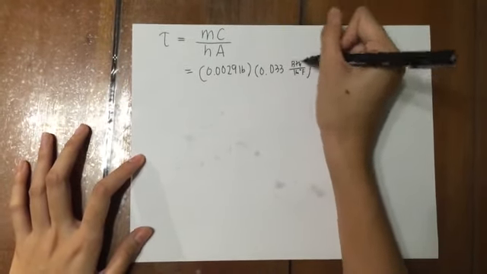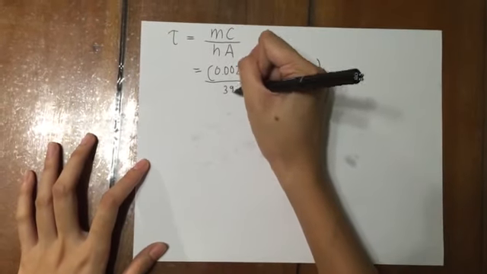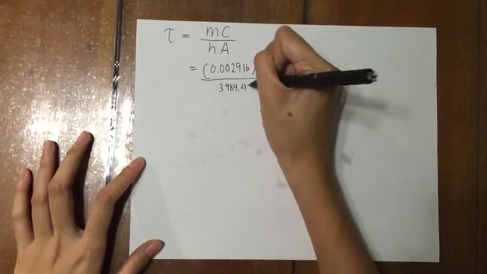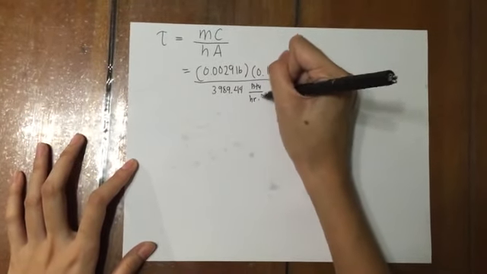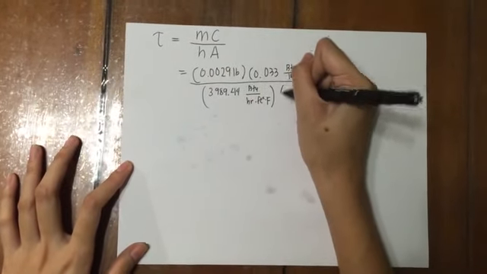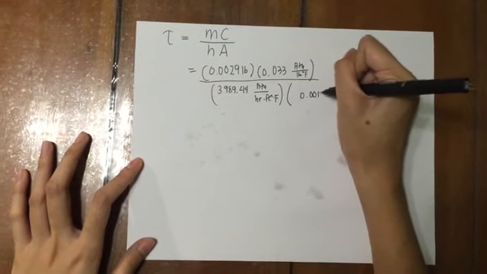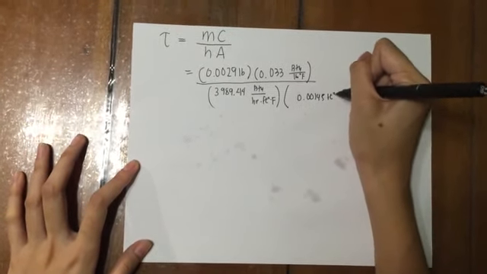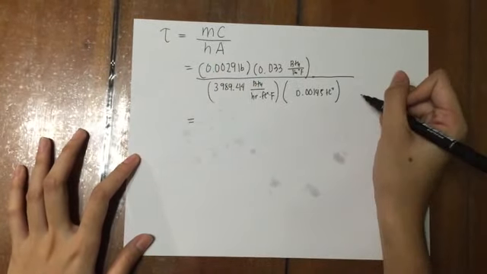This is the heat capacity of the mercury, over h, which is 3,989.44 BTU per hour foot squared degree Fahrenheit, and the area, which is 0.00145 feet squared.